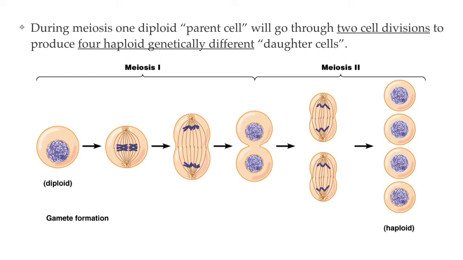Those diploid cells will undergo 2 cell divisions, meiosis 1 and meiosis 2. And at the end of meiosis 2, that one cell will have produced 4 separate cells, each of them with half the chromosome number that was in the original cell, and each of them genetically different from the other cells. And so when those eggs or sperm combine, you can have an unlimited amount of genetic variation in the babies that are produced.